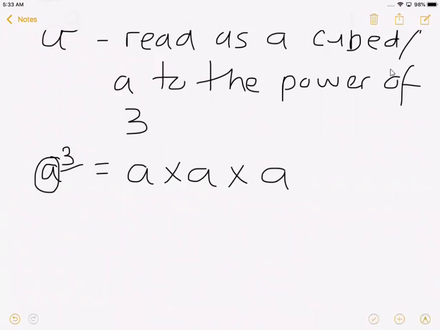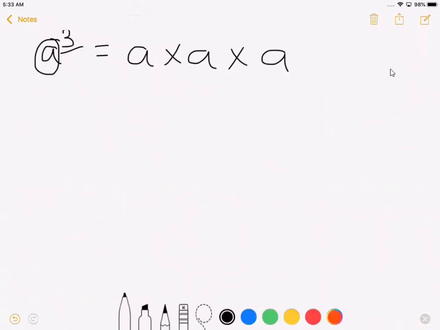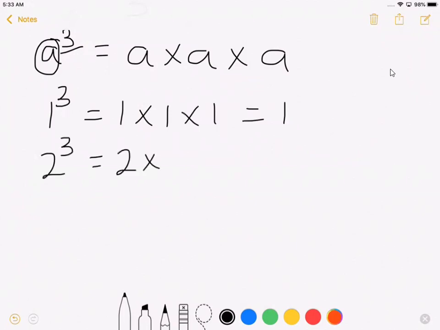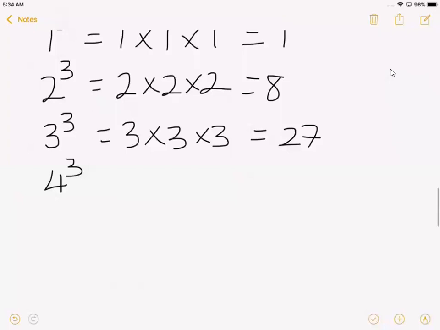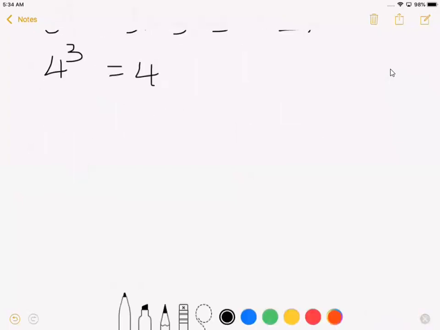I'm going to do the cubes of natural numbers, maybe until 5. 1 to the power of 3 is 1 times 1 times 1, which is equal to 1. 2 to the power of 3 is 2 times 2 times 2, which is 8, because 2 times 2 is 4, and 4 times 2 is 8. 3 to the power of 3 is 3 times 3 times 3, which is 27. 4 to the power of 3 is 4 times 4 times 4, which is 64.